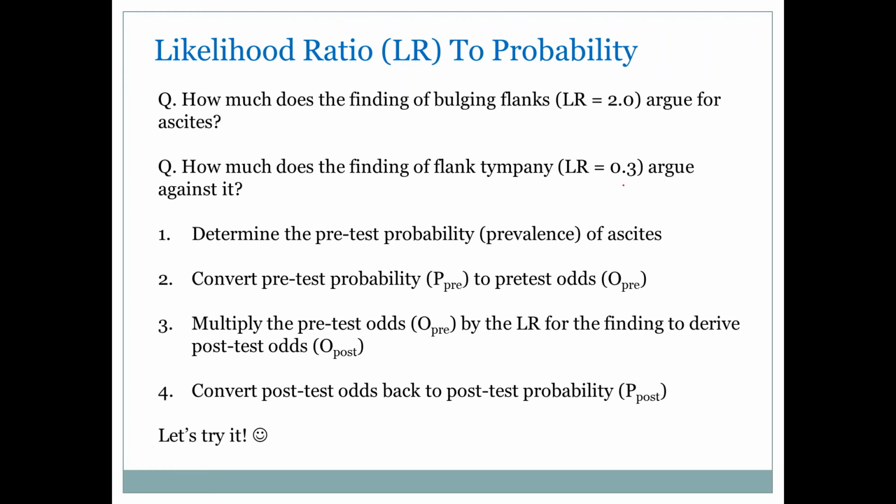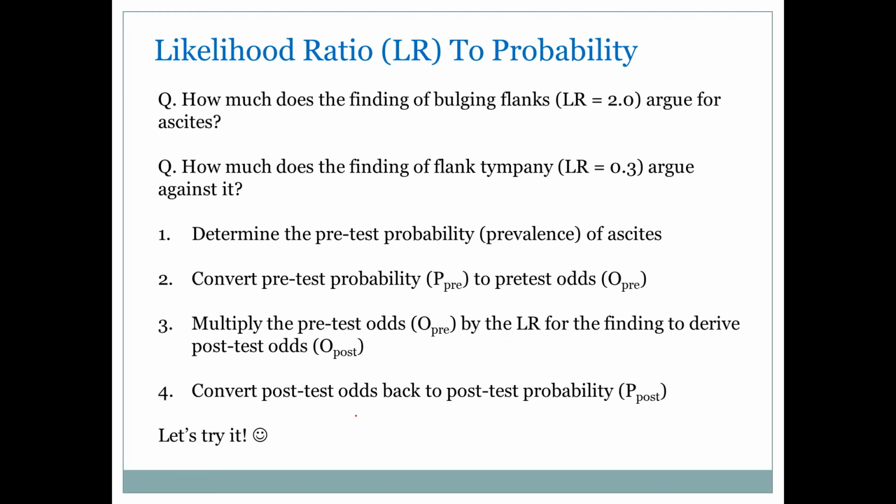So there are some steps we're going to do, and they're not that hard once you start looking at it. We're going to determine the pretest probability, which is the prevalence of the condition. Then we convert the pretest probability to pretest odds. Then we multiply those pretest odds by the likelihood ratio, and that gives us the post-test odds.